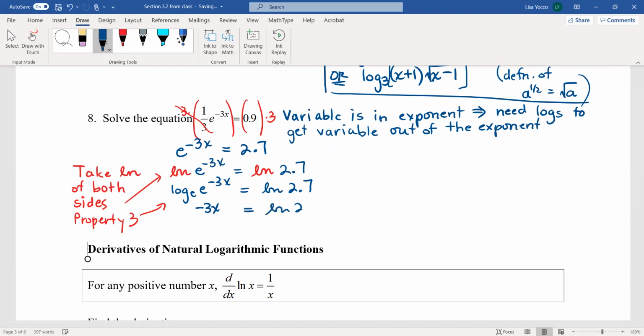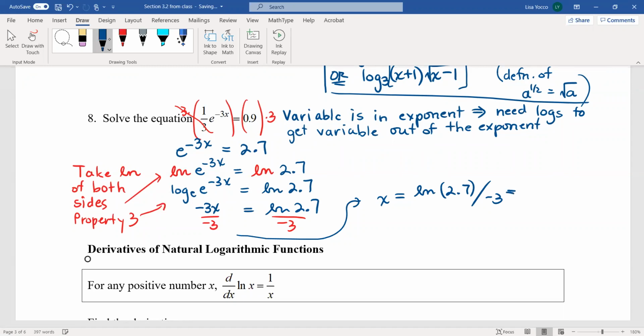Natural log of 2.7 is just a number that we can put into our calculator. So I would just go ahead and divide both sides by negative 3. So x is the natural log of 2.7 divided by negative 3. Just be sure when you compute that, that you put the 2.7 in parentheses, or that you actually close the parentheses after the 2.7.